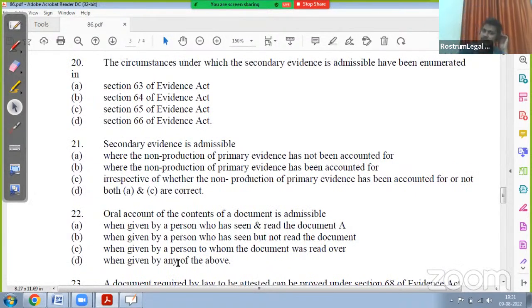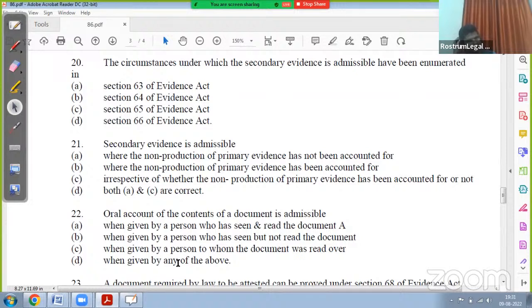Now, the circumstances under which secondary evidence is admissible have been enumerated under Sections 63, 64, 65, 66. कितना सीधा सिंपल बना दिया. इंडेक्स बेस्ड क्वेश्चन है. The circumstances under which secondary evidence is admissible have been enumerated in Sections 63, 64, 65, 66.